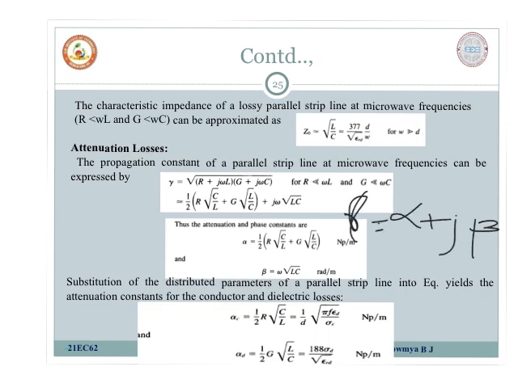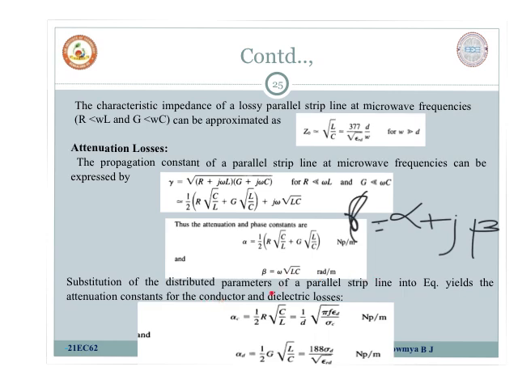So, we can segregate the terms pertaining to attenuation and phase constant now. Accordingly, alpha is equal to 1 by 2 R into root of C by L plus G into root of L by C, that is the magnitude value. The unit is Nepers per meter, and similarly beta is nothing but the imaginary part. It is given by omega root of LC radians per meter.